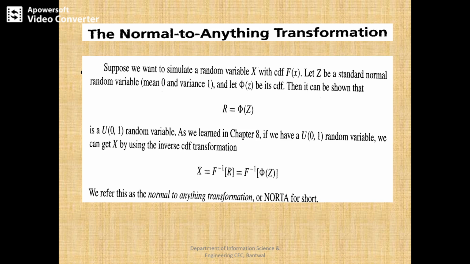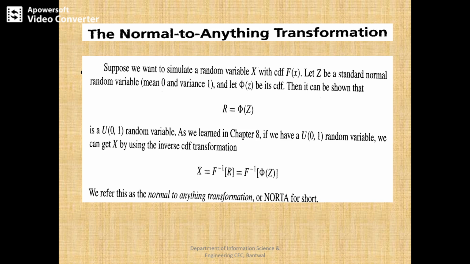Another point in NORTA: the correlation between the standard normal random variables Z1 and Z2 is distorted when it passes through the NORTA transformation, or any kind of transformation. To be more specific, if Z1 and Z2 have a correlation rho, in general X1 is F1 inverse of phi of Z1, and similarly X2 is F2 inverse of phi of Z2.